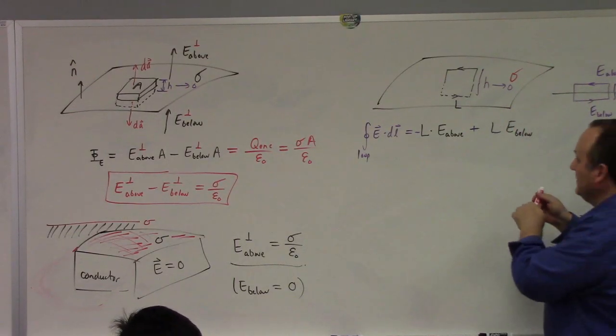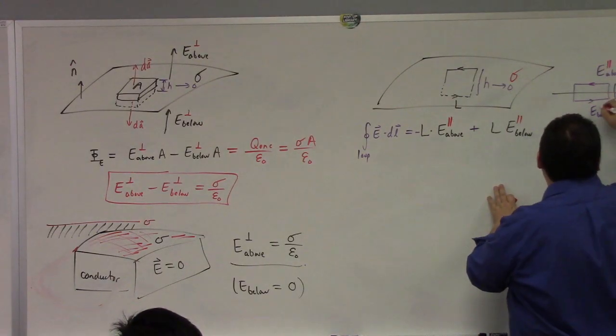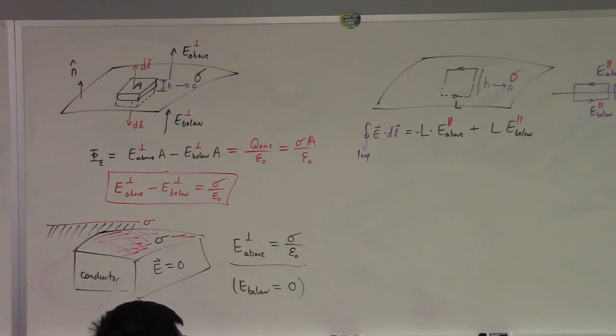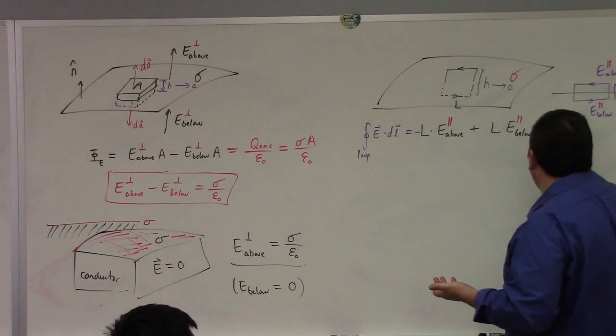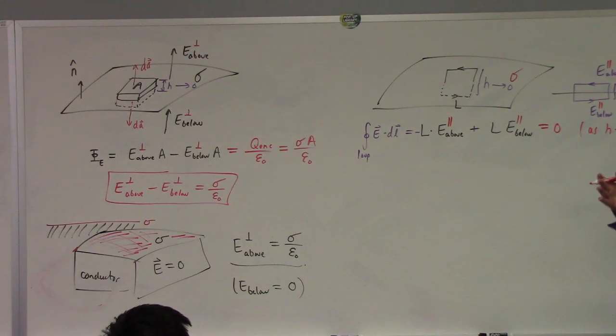So let's just say parallel, like Shane said, because it's not about which parallel direction. This holds for all possible parallel directions to the plane, and this is equal to 0. We take the limit as h goes to 0, so we're definitely not getting any contribution from the perpendicular piece.